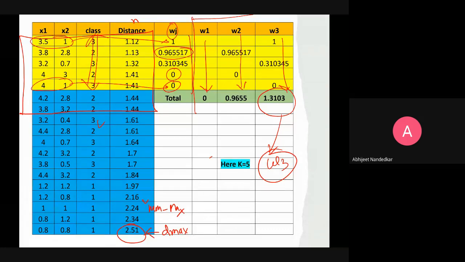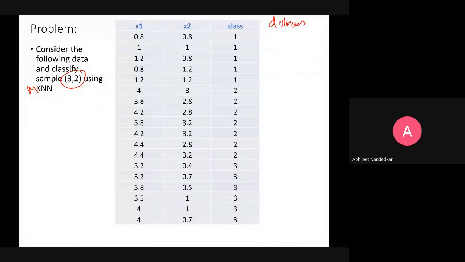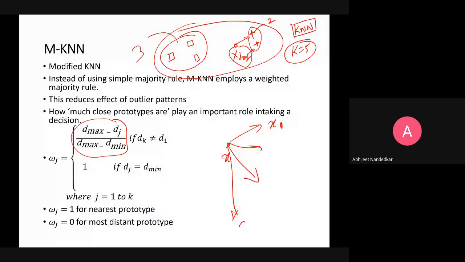So as per the formula, that is d max minus dj divided by d max minus d min. So actually we are weighing with respect to this maximum minus minimum distance. So if dj is equal to d max, then this will be 0. So you will get minimum weightage, that is 0.